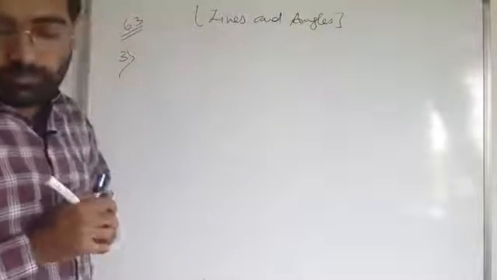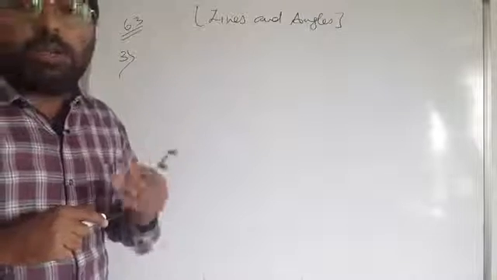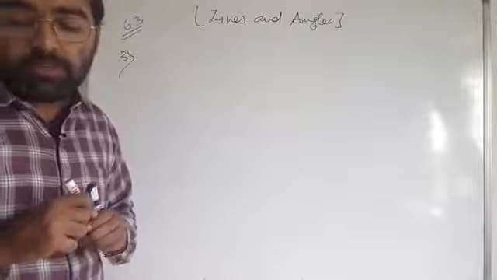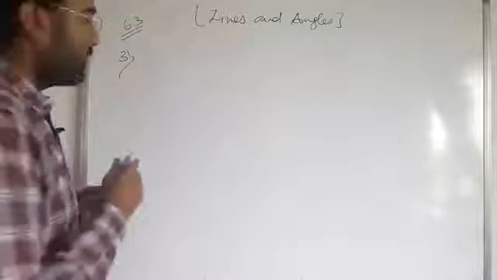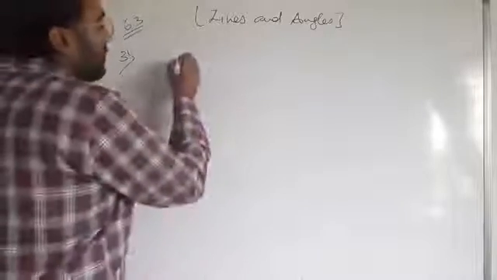Now in the question it is given that in the figure, if AB is parallel to DE, and angle BAC is equal to 35 degrees, the figure is also given.